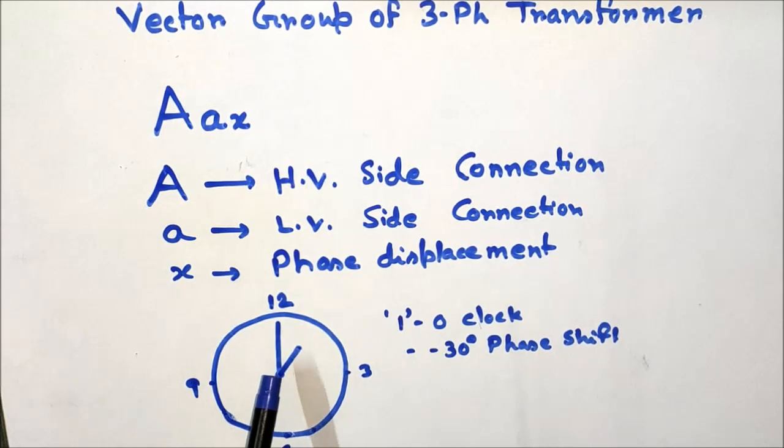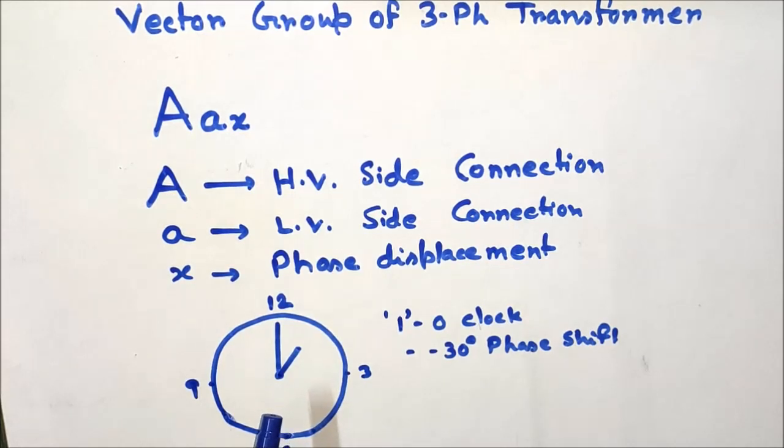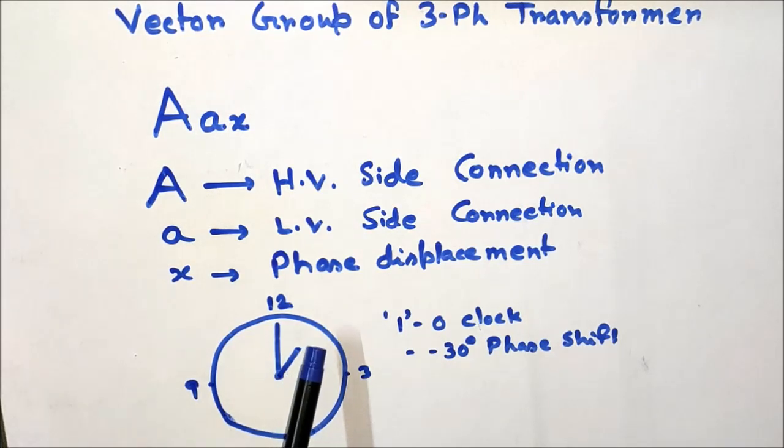Consider the minute needle to represent the HV side winding induced EMF and the hour needle to represent the LV side induced EMF. If the LV side induced EMF lags the HV side by 30 degrees, then the hour needle will be at 1 o'clock, that is, a minus 30 degree phase shift.